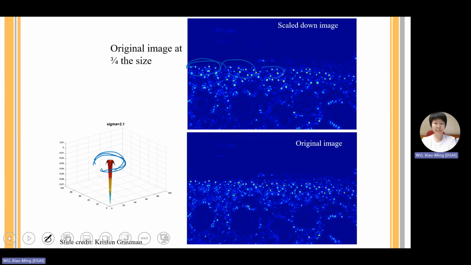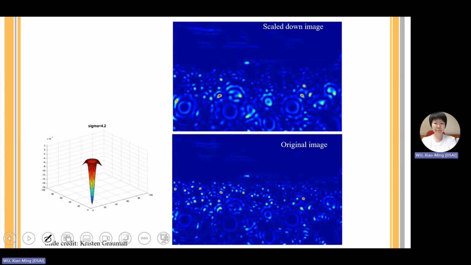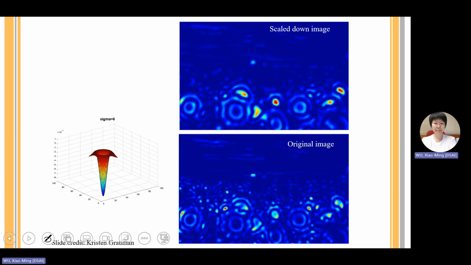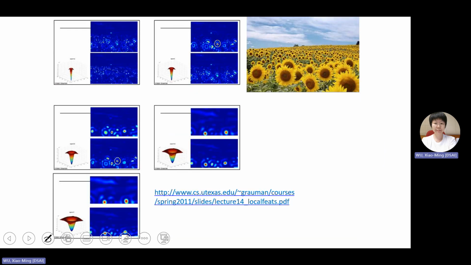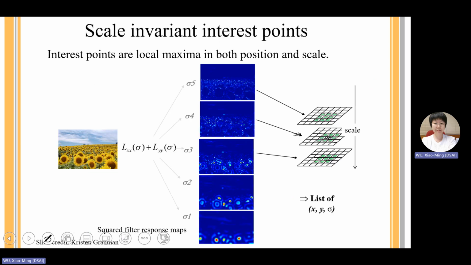You only achieve maximum response for those blobs that align with its zeros. So a small filter can only identify small blobs, and you can see the response. Similarly, a medium filter can only identify medium blobs. So if you want to identify all the blobs together simultaneously, you need to apply filters of different sizes.